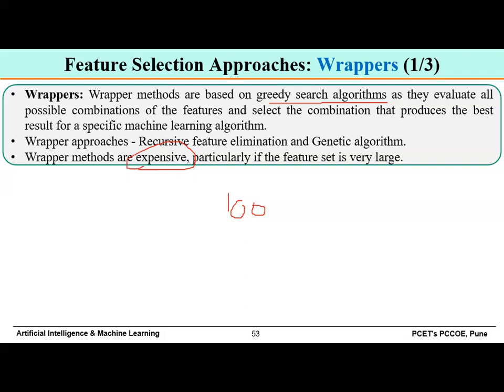Again you will make combinations of two and check, again combinations of three and check. So you can imagine how many combinations will be there. Practically, is it possible to test the model for all combinations? Very difficult. So it is expensive. This is the meaning of the word expensive in the case of the wrappers method.